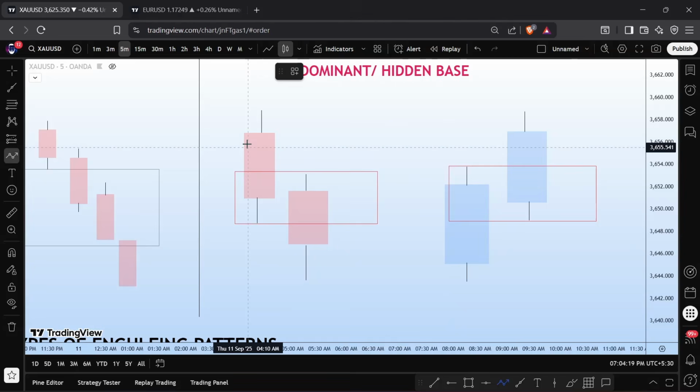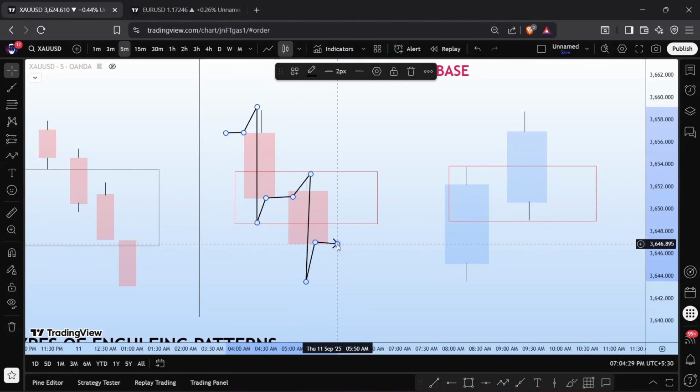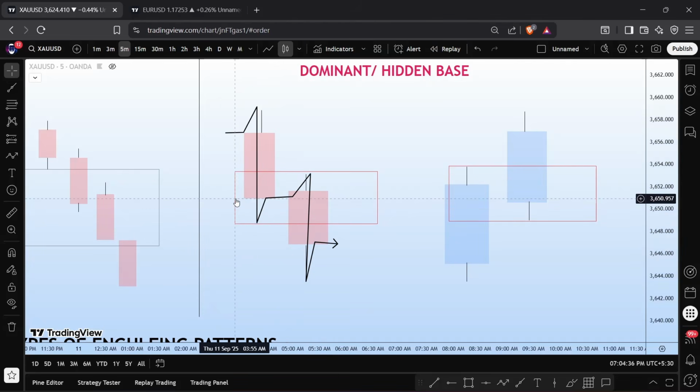If you look at it from the OHLC perspective, we have open, high, low, close, open, high, low, and a close. So what are we forming? We are forming a drop, a base, and a drop. This base over here is what we call the dominant area. This buy to sell movement is our dominant area.